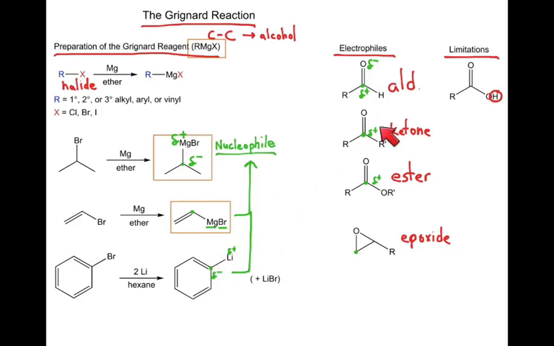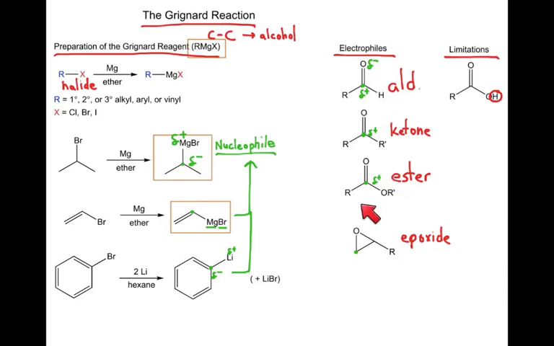So with aldehydes, ketones, esters, and epoxide, there's no acidic hydrogens here. So these species can act as nucleophiles. However, when we have a compound that has an acidic hydrogen, like a carboxylic acid, these compounds are actually going to act as bases to deprotonate this instead of doing our Grignard reaction.